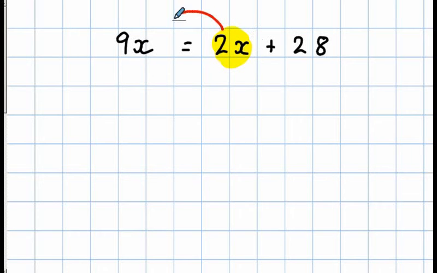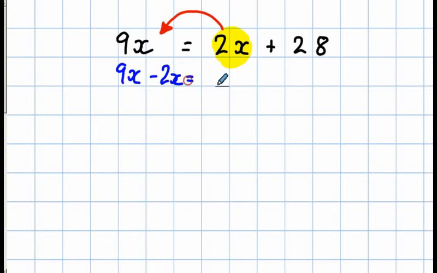Now, let's look at harder equations where we've got letters on both sides. Here we go. 9x equals 2x plus 28. What we do here is we move the letter term on the right to join the left-hand side. So we rewrite the equation as 9x, take away 2x.